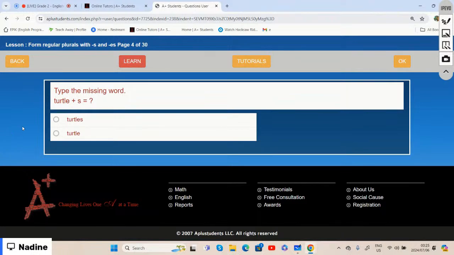Turtle. One turtle, but more than one. We added S to the word turtle. If we add an S to the word turtle, it's going to be turtles or turtle. Which one is correct? Turtles, option one, or turtle, option two.